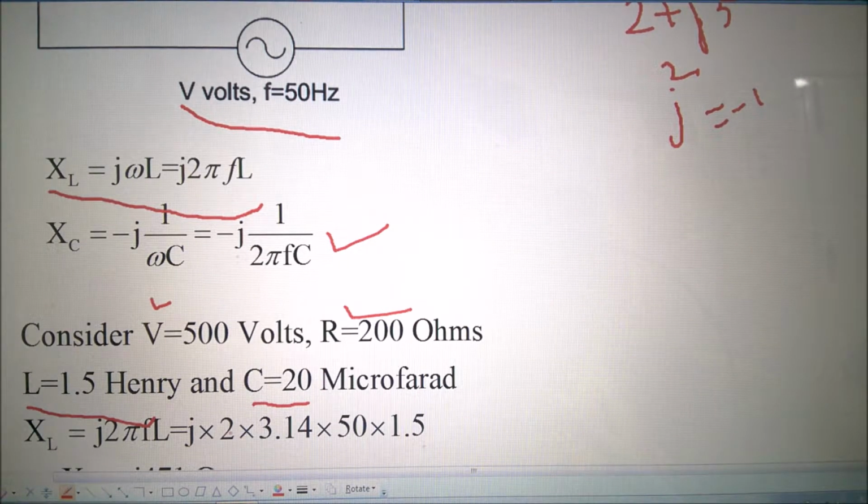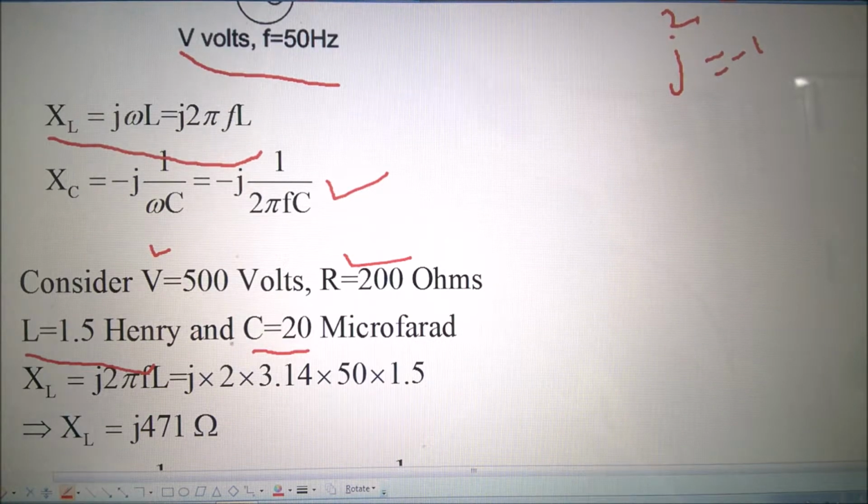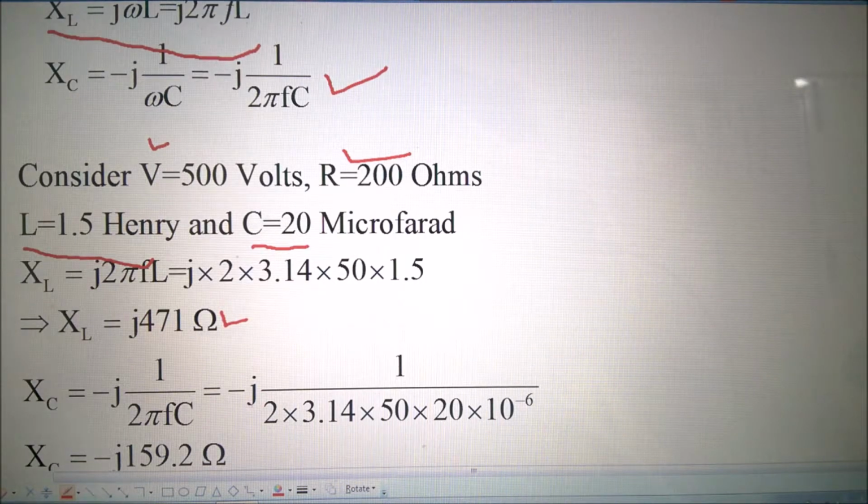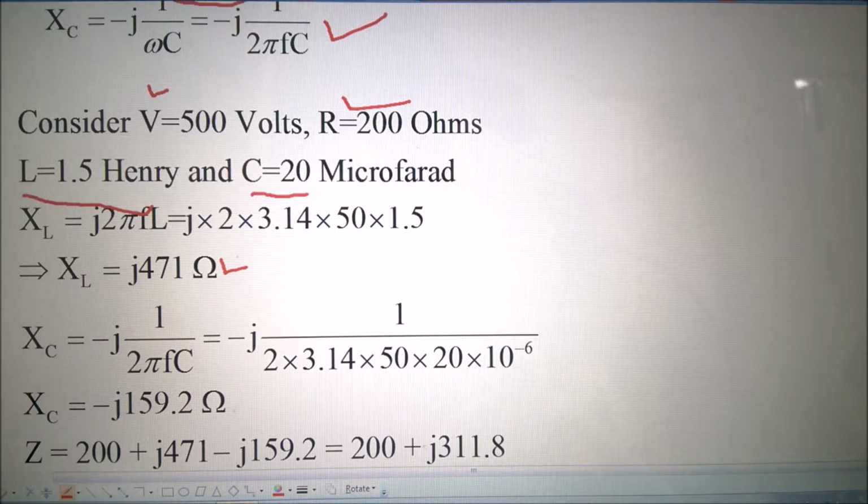As we just now discussed, we can find the XL with this formula, and you can see XL is found to be j multiplied by 2 into pi, I have taken 3.14, and 50 Hertz and 1.5 multiplied, and then j 471 ohm. Similarly, we find the capacitive reactance also, but it is a minus j, and it is found to be this much, minus j 159.2.